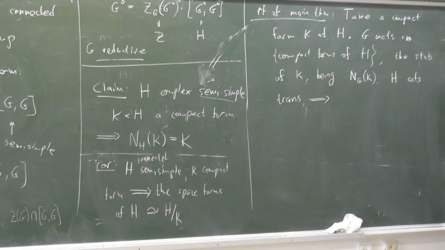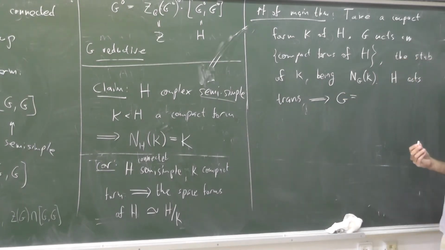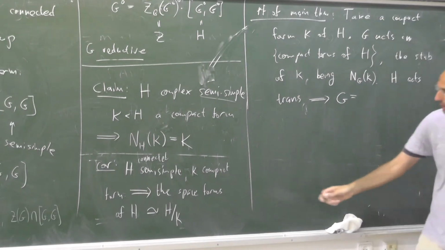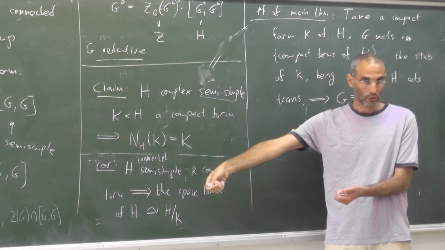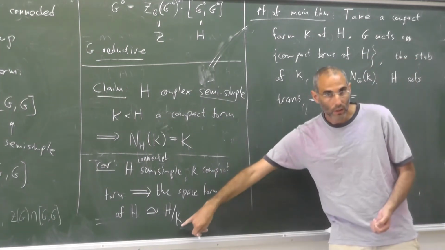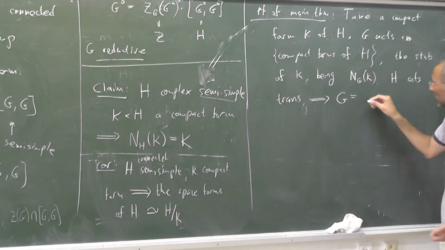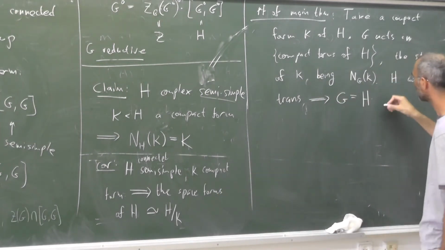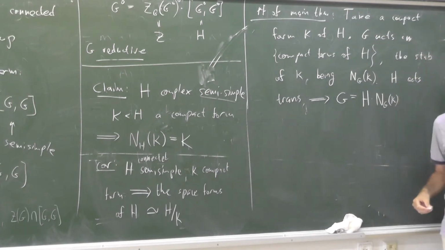I claim now that every point in G, take the base point K somewhere else, which I can take back by H to this, and get something in the normalizer. So I claim that G decomposes like that.